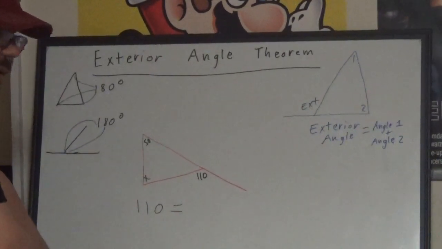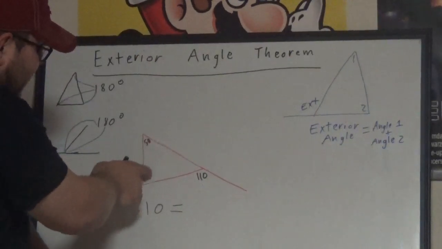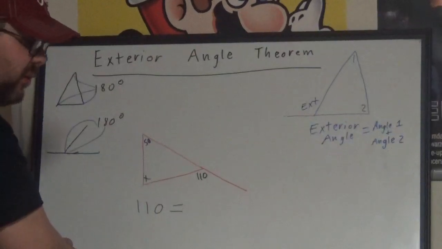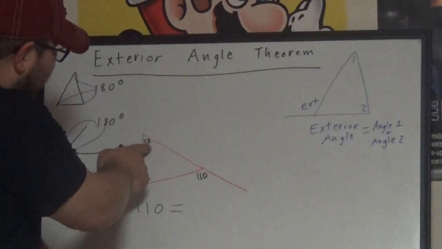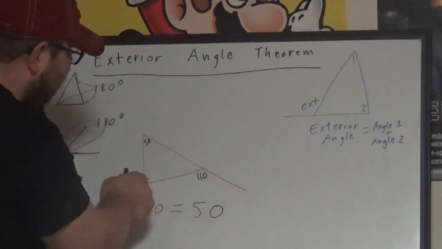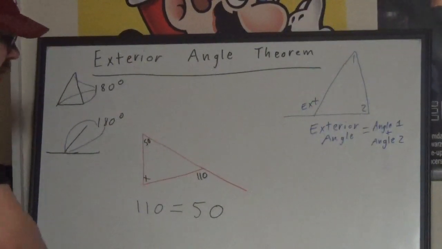And now I'm going to put my equal sign, and set it equal to both of the other opposite angles, which is 50 and, in this case, I put X.